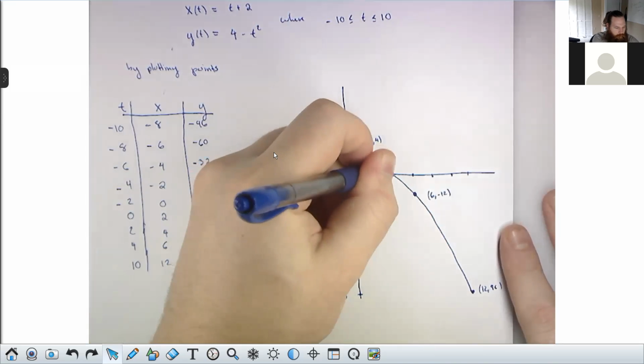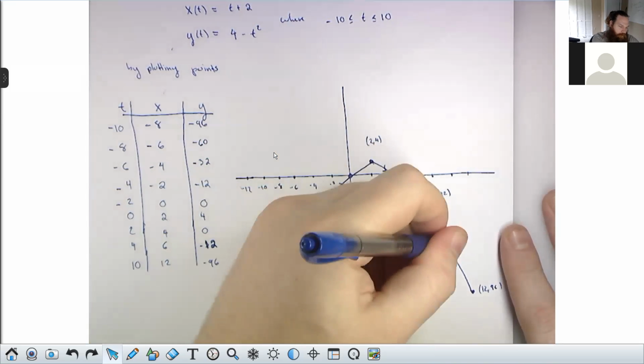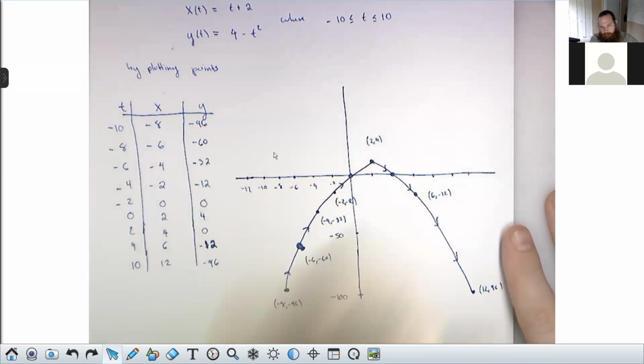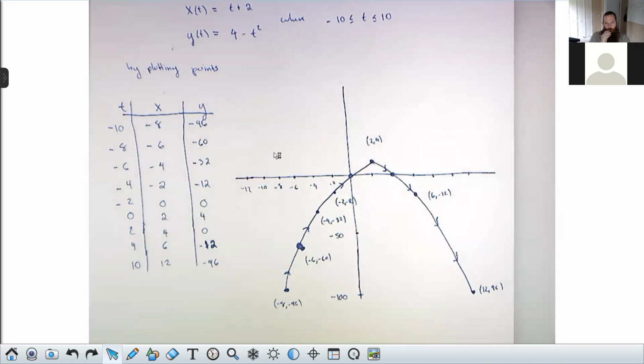And as t increased, we went from this point to this point to this point, so my arrows are going like this. So this is the graph of these parametric equations. Or equivalently, these parametric equations give what we would call a parametrization of this graph.